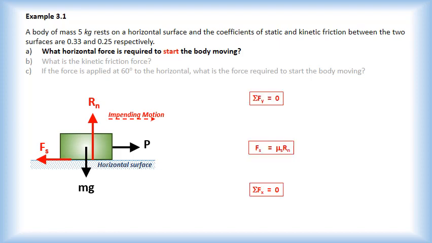This is the standard flow of the solution to most problems. We begin first by looking at the free body diagram and doing a summation of forces in a normal direction to get an expression for Rn, and then the value for the static friction using the expression F equals mu Rn.